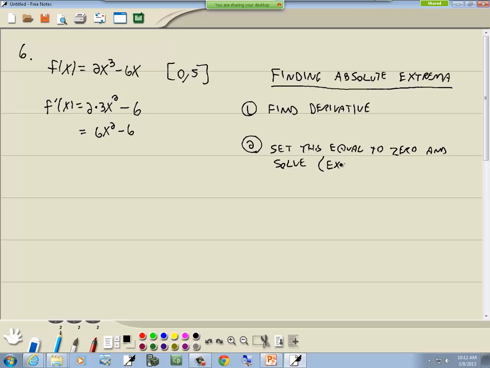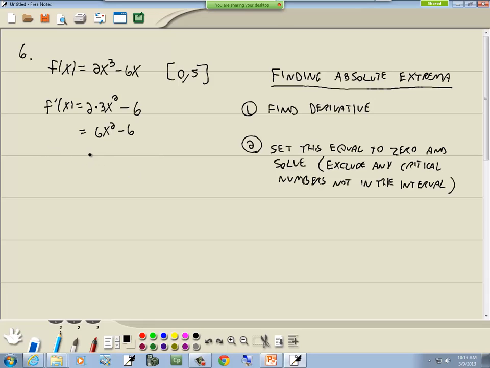And I'm going to say exclude any critical numbers not in your interval. Well, we're looking from 0 to 5 on this problem. So any critical values that are not in 0 to 5 we want to exclude.